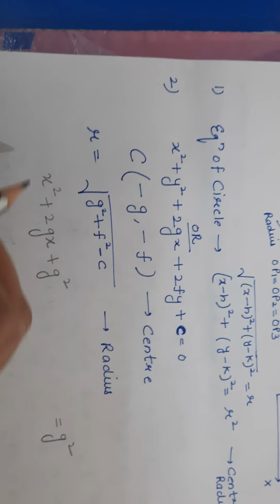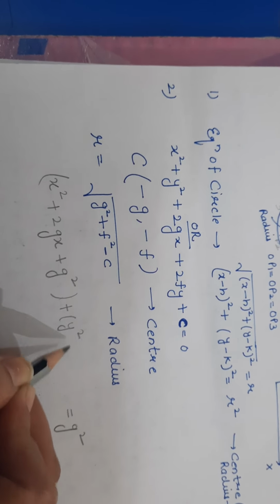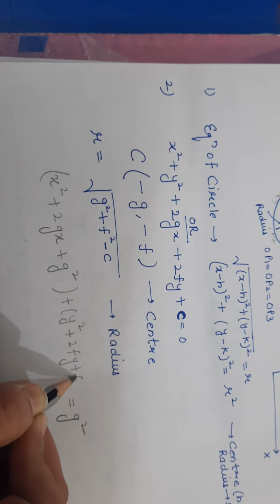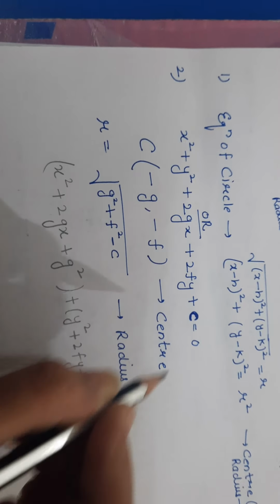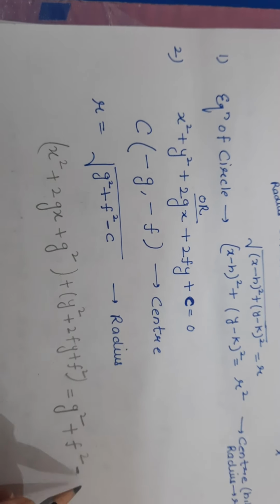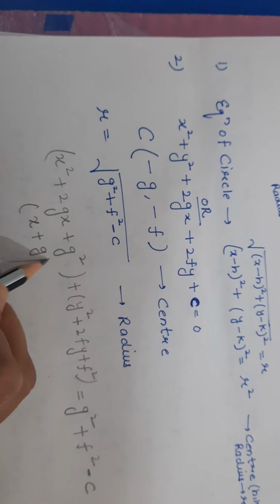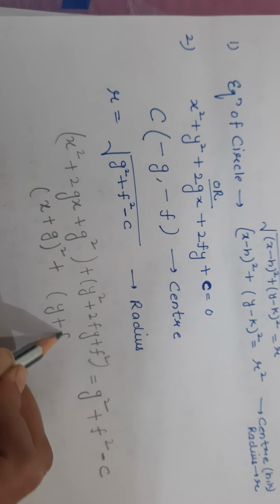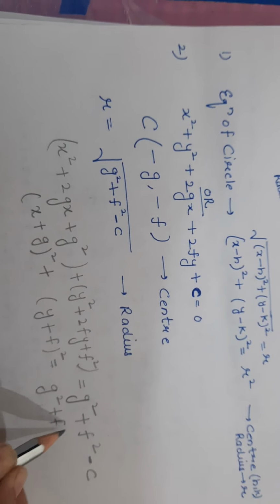Then for the y terms, y square plus 2fy, add f square. If you add f square on the left hand side, in the same way add it on the right hand side, and move this constant c to the right hand side. So you can rewrite this as (x plus g) whole square plus (y plus f) whole square is g square plus f square minus c.